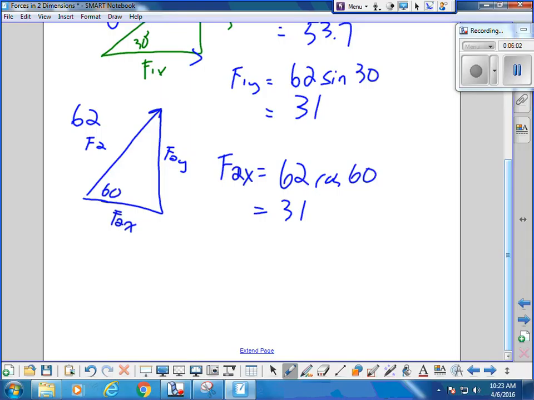That's why they picked 30 and 60. I've done this question a few times too. F2y is going to be 62 sine 60, 53.7. Again, all positive, right? To the right and up.